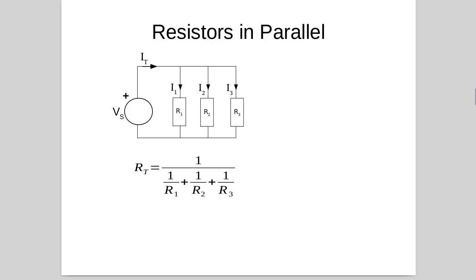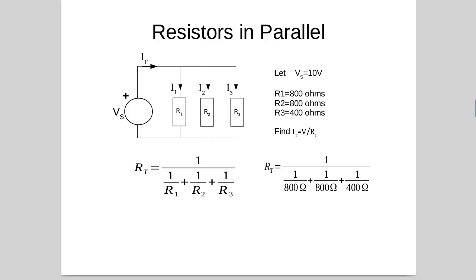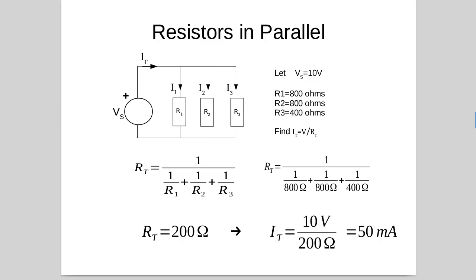So here we have it, total resistance, and if we put some values in here as an example, if Vs is 10 volts, let's find the total current. Now R1 is 800 ohms, R2 is 800 ohms, R3 is 400 ohms. We plug them into the equation, and that equation will give us a total of 200 ohms.